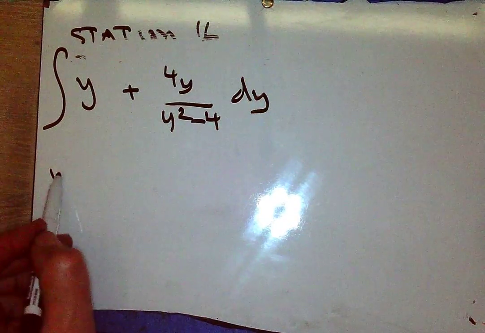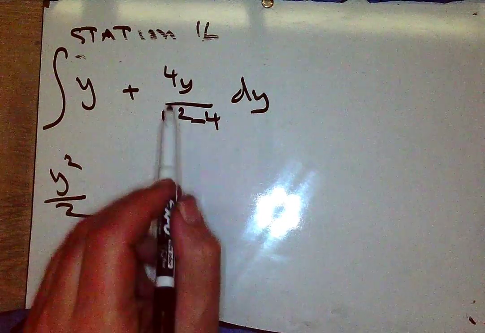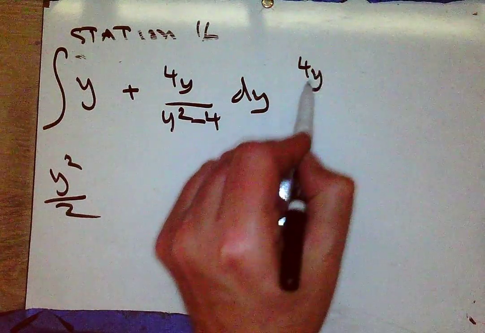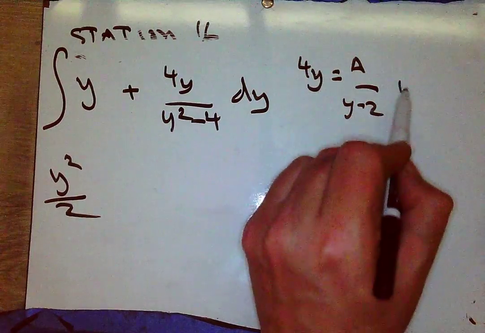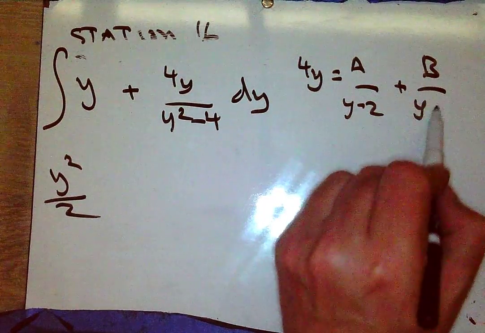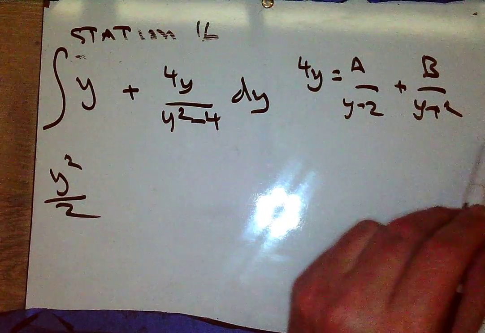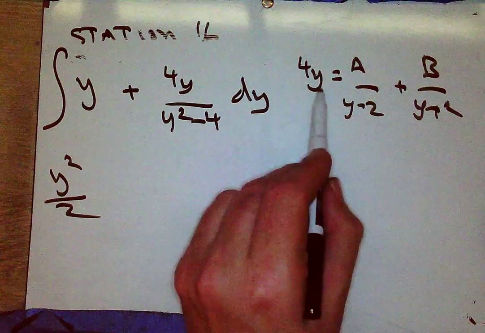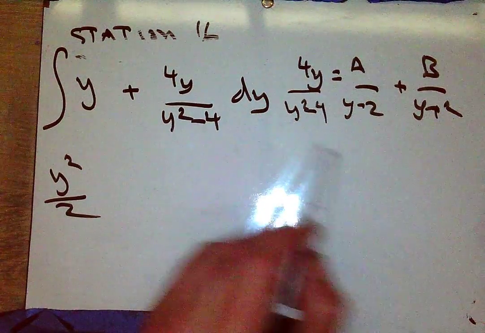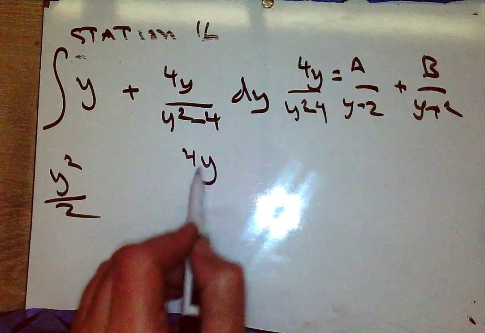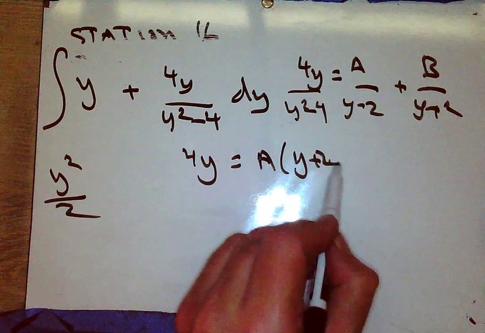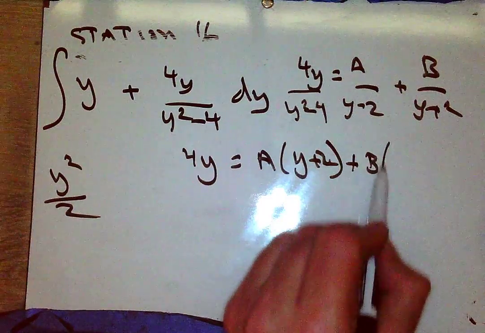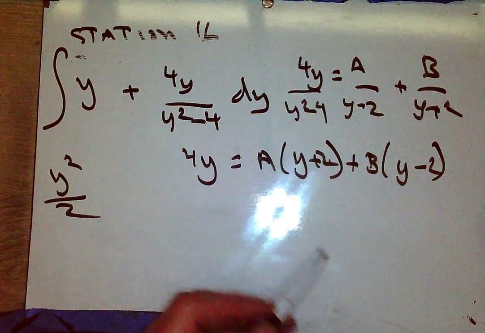So this is still going to be y squared over 2. But here, for y, split this up: y minus 2, y plus 2. I multiply everywhere by my least common denominator. Give me 4y equals a times y plus 2, plus b times y minus 2.